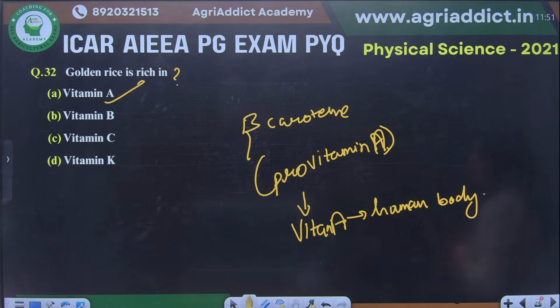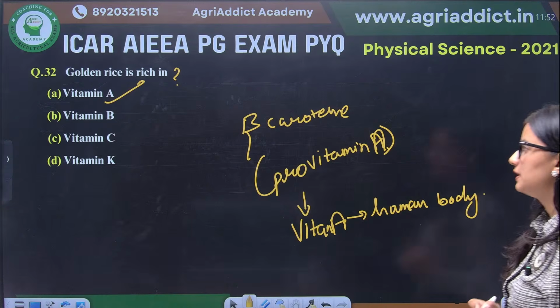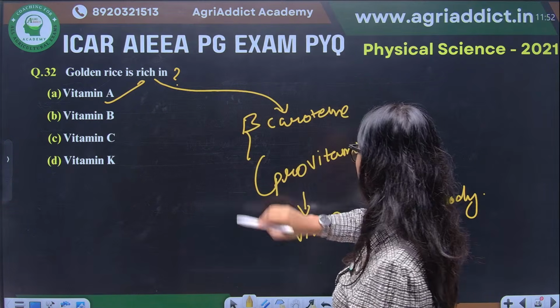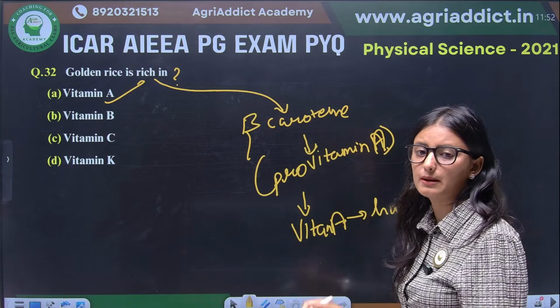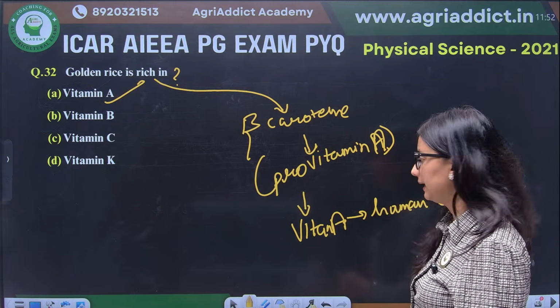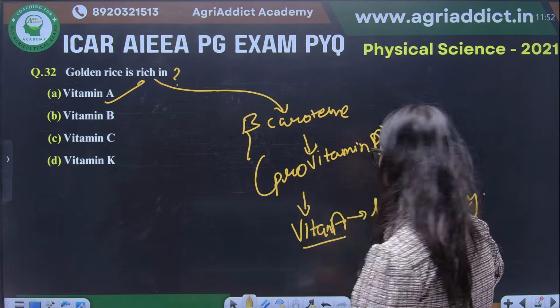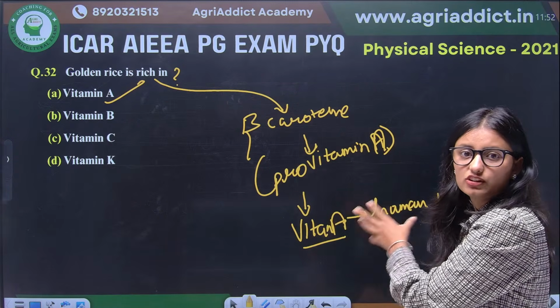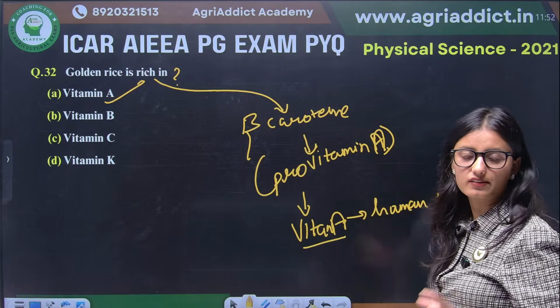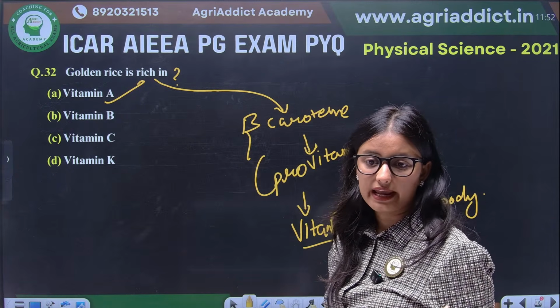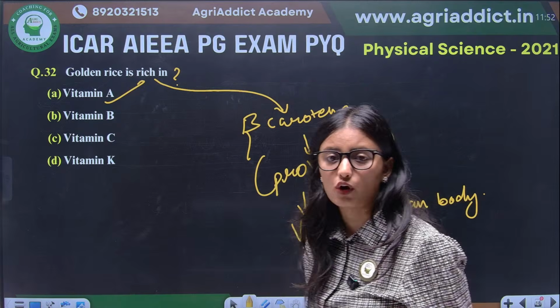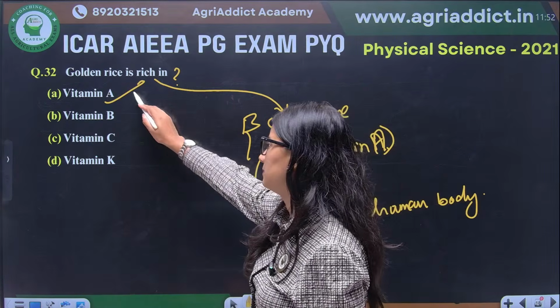Clear hai? So golden rice is rich in beta carotene, which is also called provitamin A. Golden rice is developed to combat the deficiency of vitamin A.